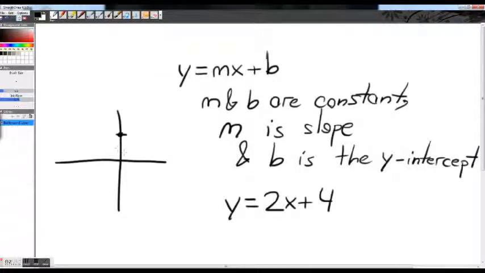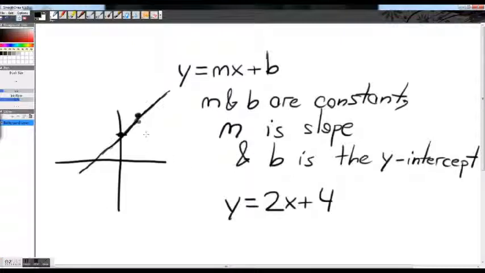The linear function looks somewhat like that, passing through these 2 points.